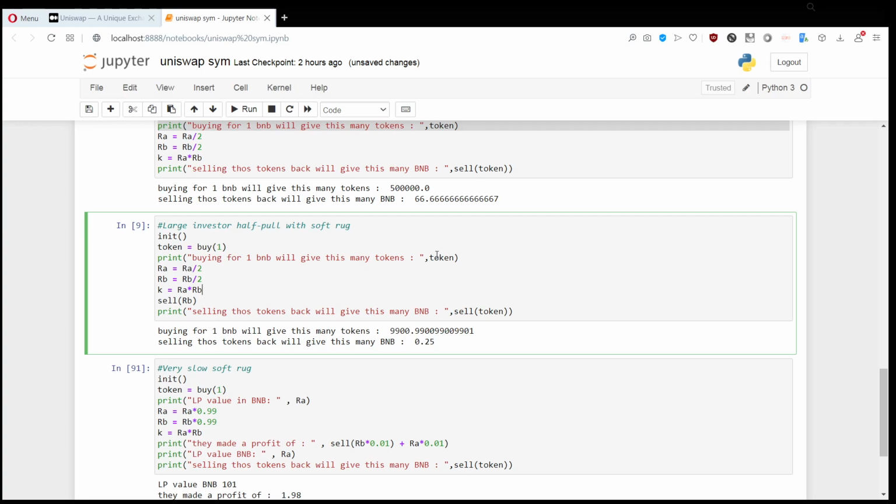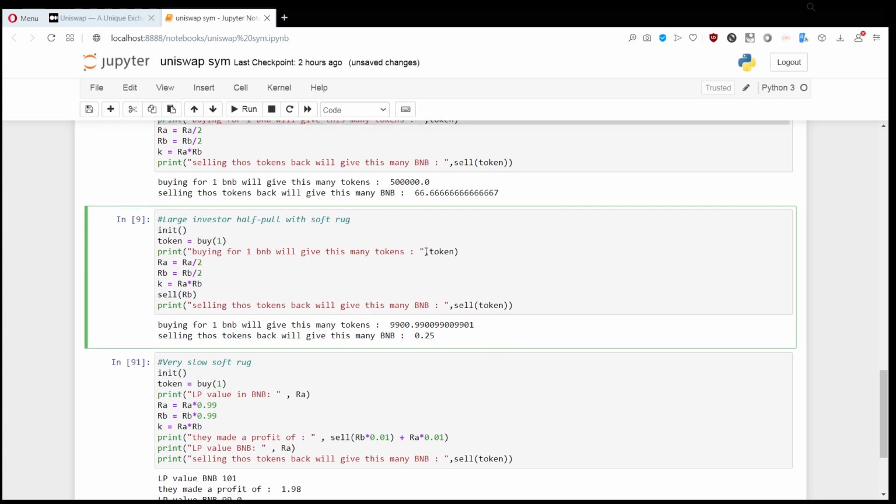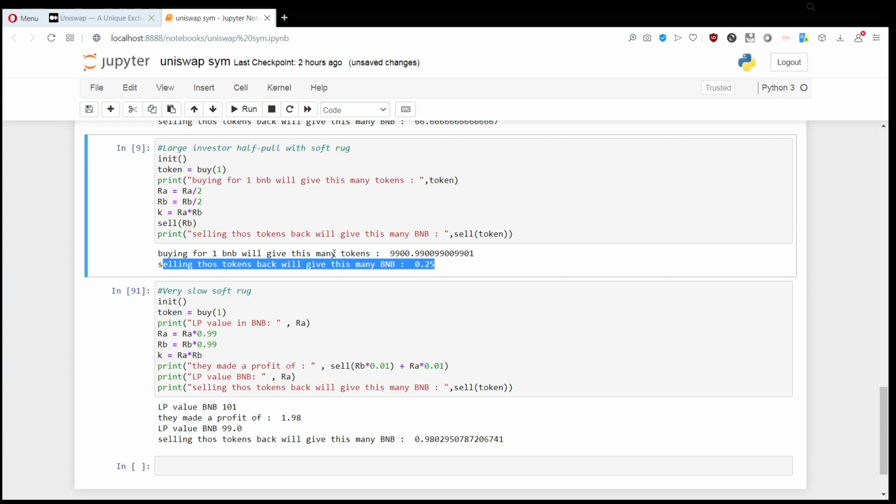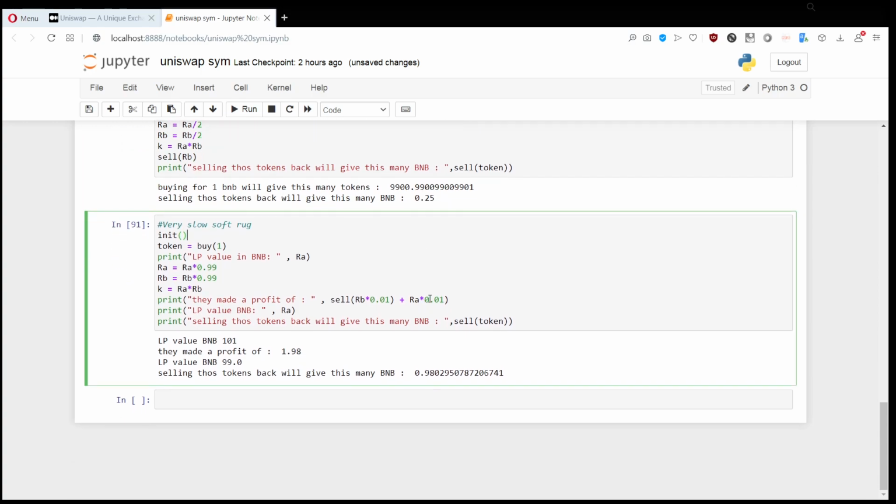Not only did you remove half the BNB in the liquidity pool, you also sold a bunch of tokens. So if it's a scam and they sell it and move on, no marketing, no mooning anymore, then they walk away with 0.75 BNB of yours.